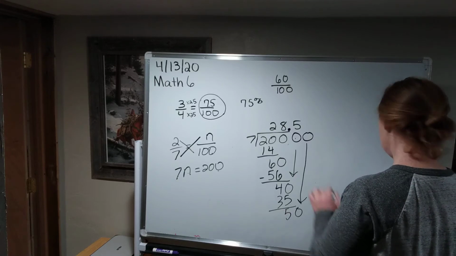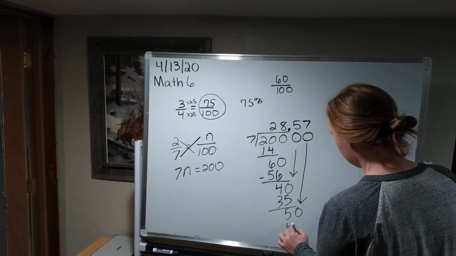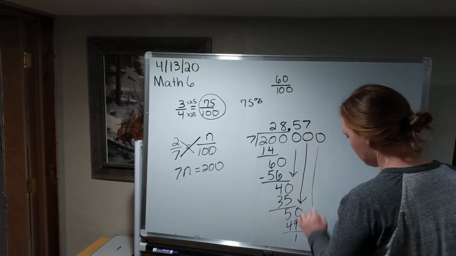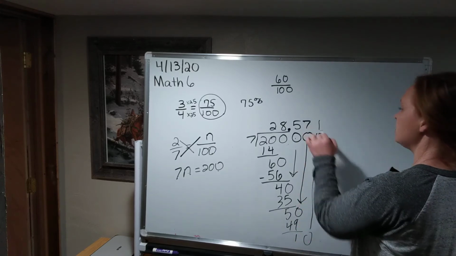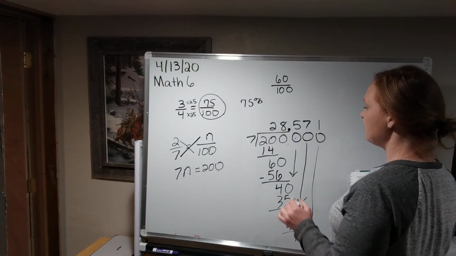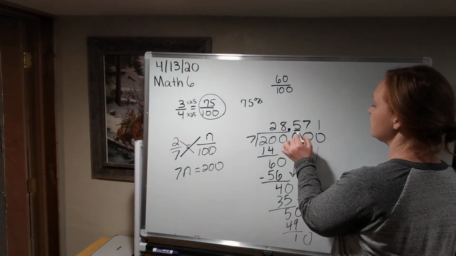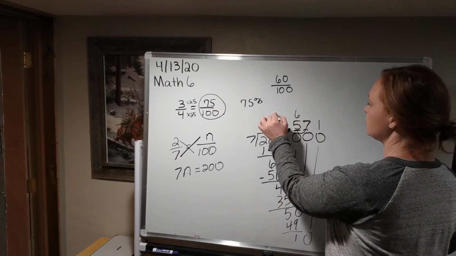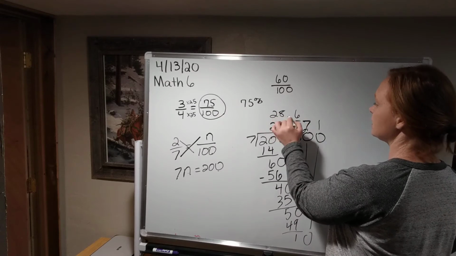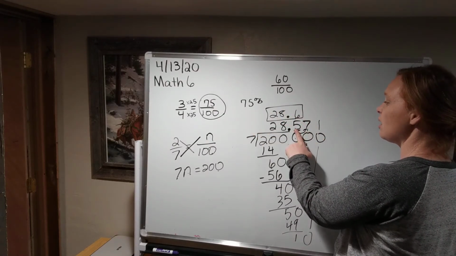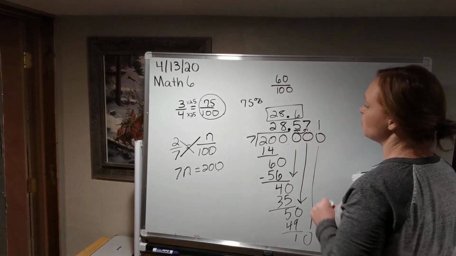What will that be? 7 times 7 is 49 with 1 left over. Can you see that I'm never going to get to the end of this? Okay, that's okay. Once I've gotten far enough, I can round to this place. So I'm going to look to the 7, and the 7 tells the 5 to go up to a 6. So 28.6 is my answer. Okay, just go to the nearest tenth. Now I can't stop there, or I would have left a 5. I have to at least go one more.